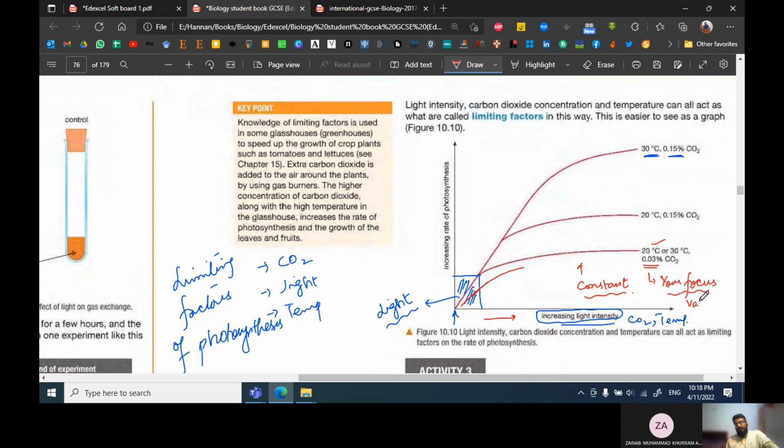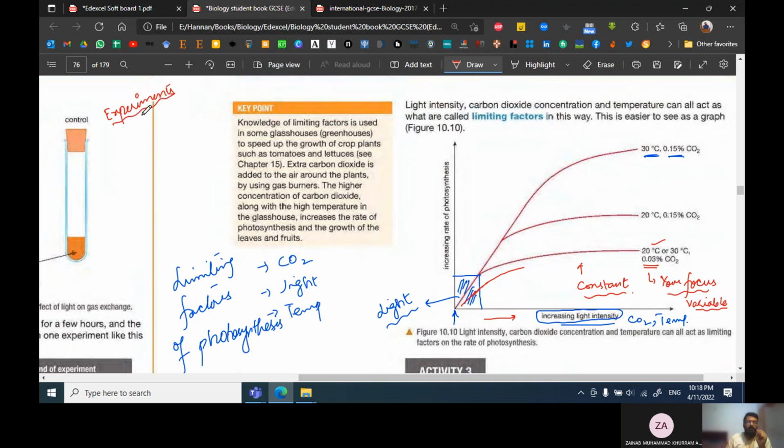In scientific language, this is known as the independent variable, which you are changing. Let me tell you one more thing, because this would help you in further discussing the topic of experimental design.